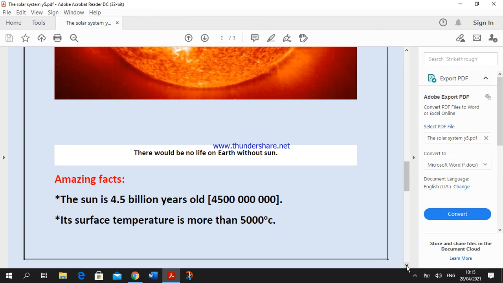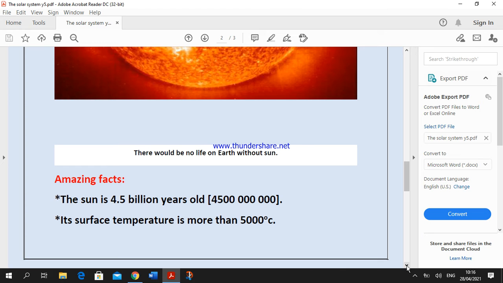Inside the Sun, nuclear fusion produces a massive amount of heat and light energies and leads to eruptions.